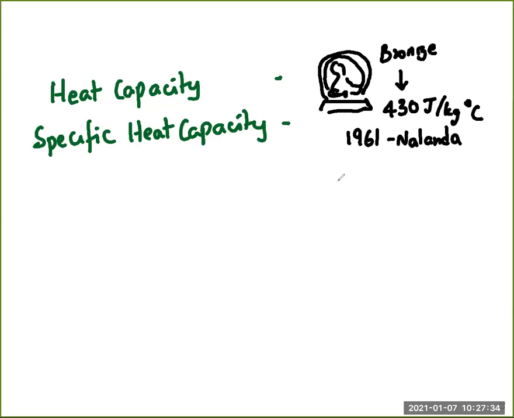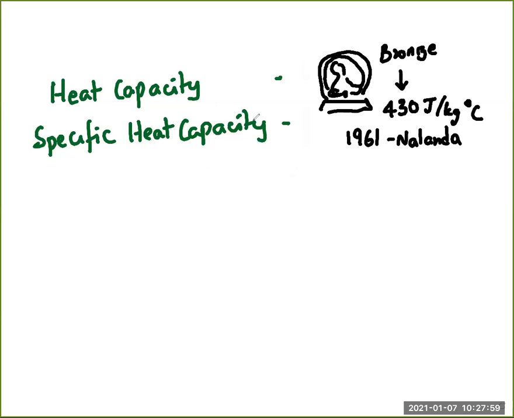So all bronze made in that particular era by that particular set of metallurgists and artists had the specific heat capacity that is around 430 joules per kg degree Celsius. So one way in which they could narrow down the scope of their investigation was to see if the bronze of this particular statue also conformed to the same specific heat capacity. So how would they go about doing this?